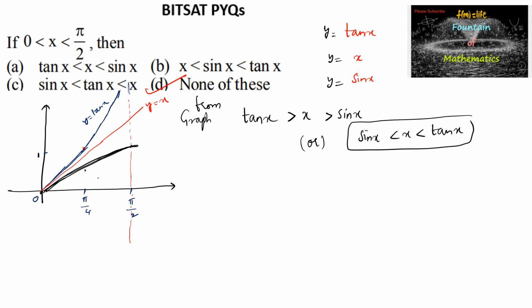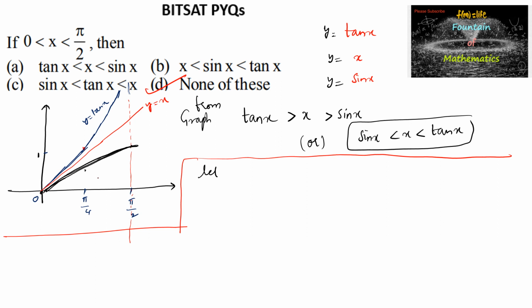Or in case by using differentiation, we can solve by considering two functions. Let f of x is equal to tan x minus x. On differentiating, f dash of x is equal to secant square x minus 1, and we know that secant square x is always greater than 1.